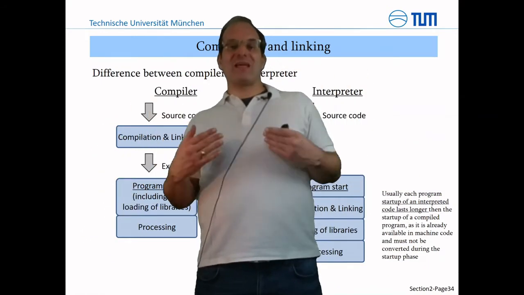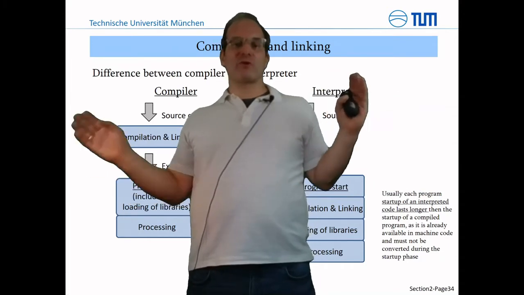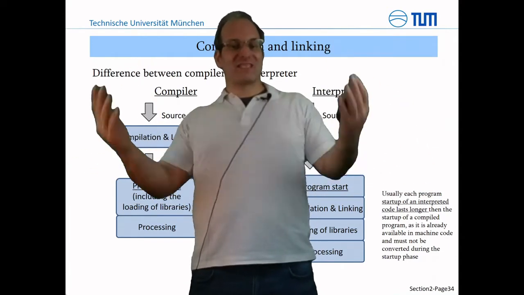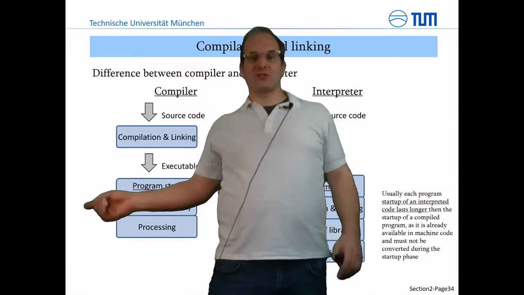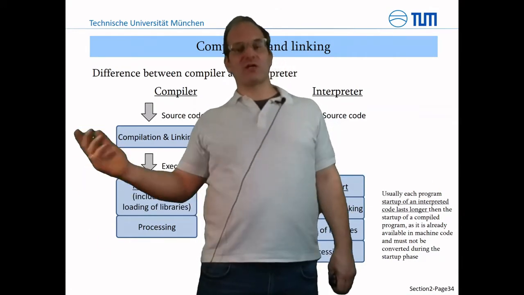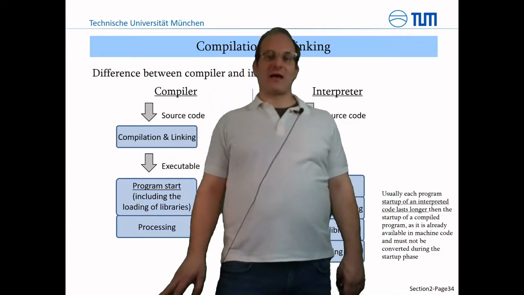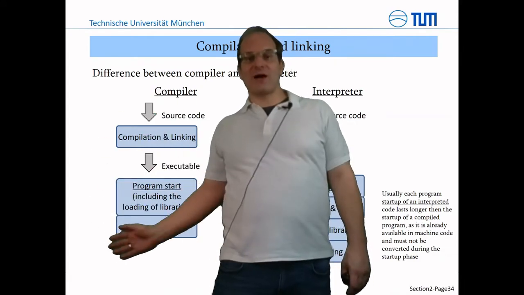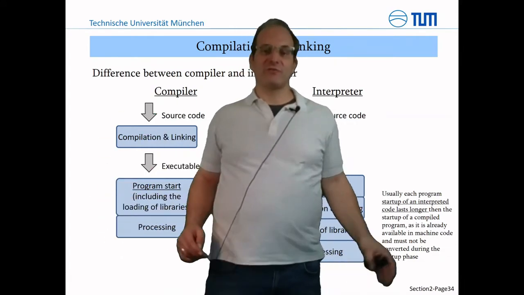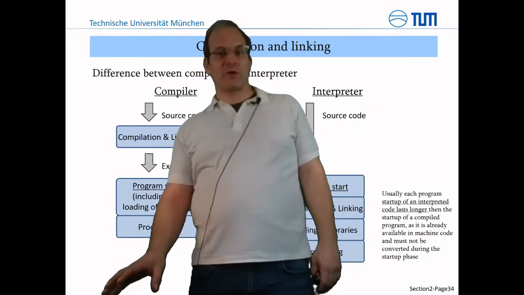The program itself is quite fast, so you can program with different versions of programming languages in the same optimized way. But the startup can be different. So startup of interpreter programs can be slower than others. For example, a compiler language would be C, C++. An interpreter language would be, for example, MATLAB. Okay.